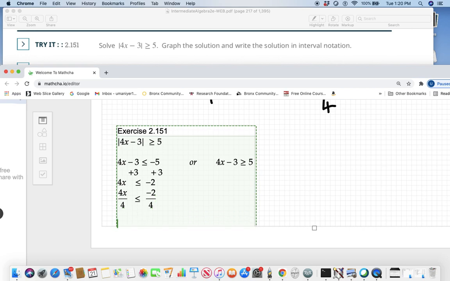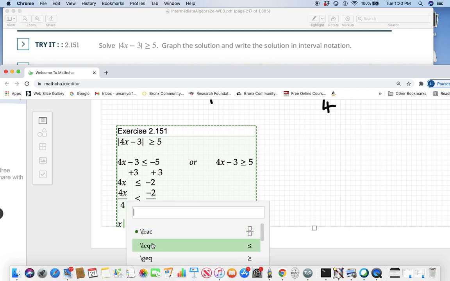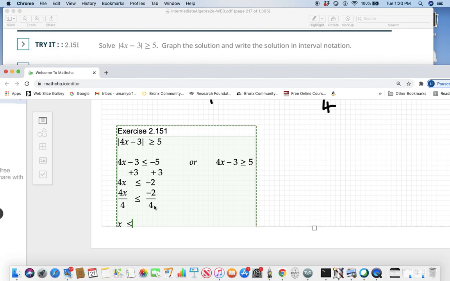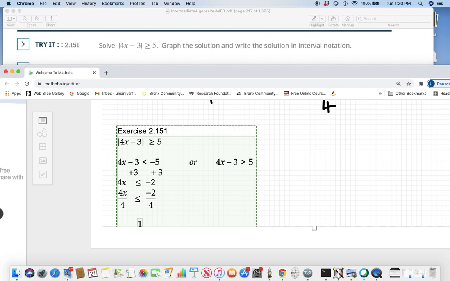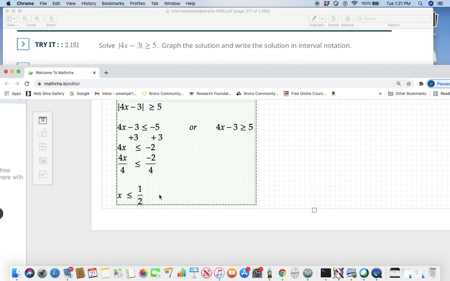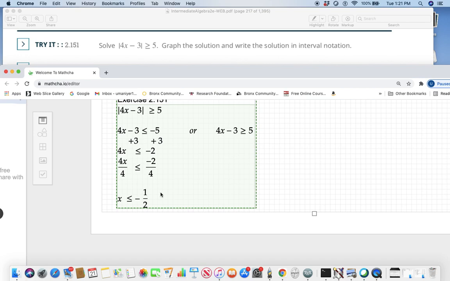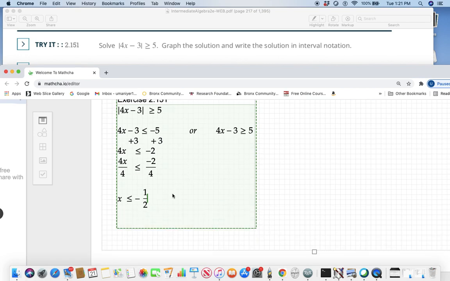This gives me x less equals negative 2 over 4. So that's a fraction 1 over 2 with a negative. Alright, negative 2 over 4 is negative 1 over 2.